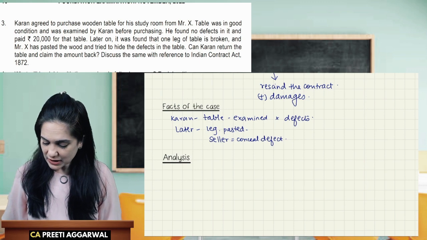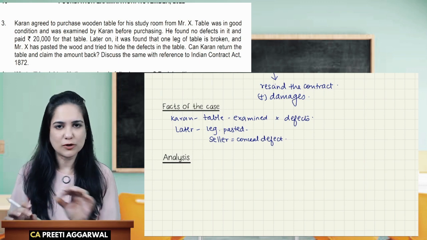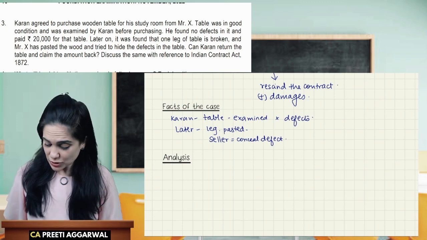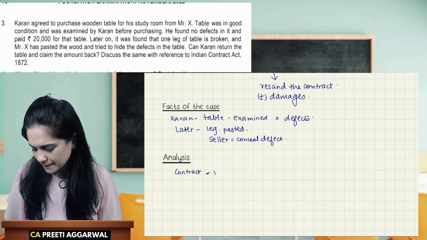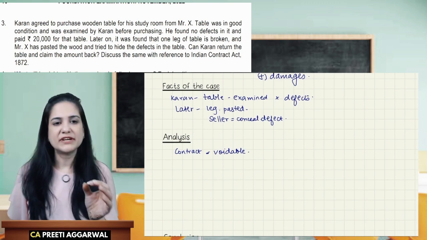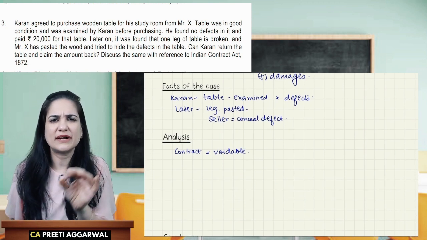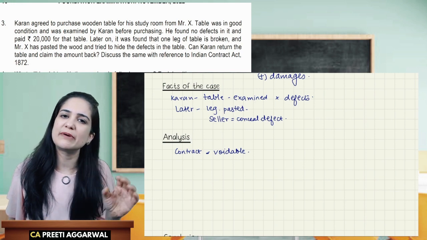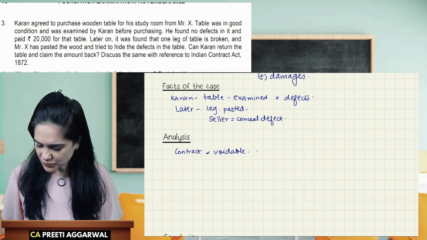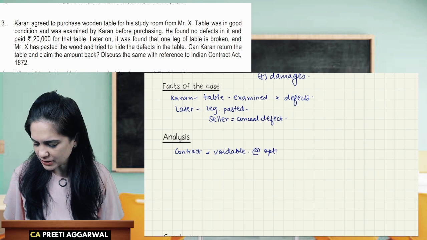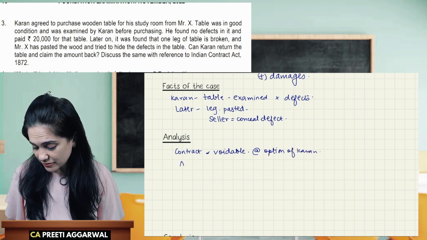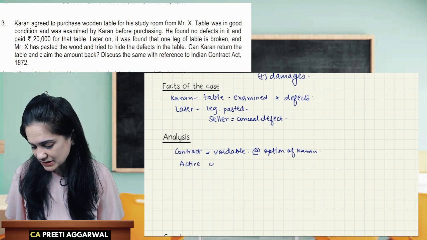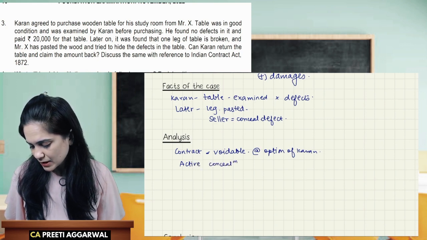Then what will you write? So Karan examined the table, but he did not find the defect because it was hidden. So in this case, you will write the contract will now become voidable because the defects were concealed in such a manner that they could not be found even after reasonable examination. So the contract is voidable at the option of Karan. This active concealment amounts to fraud.